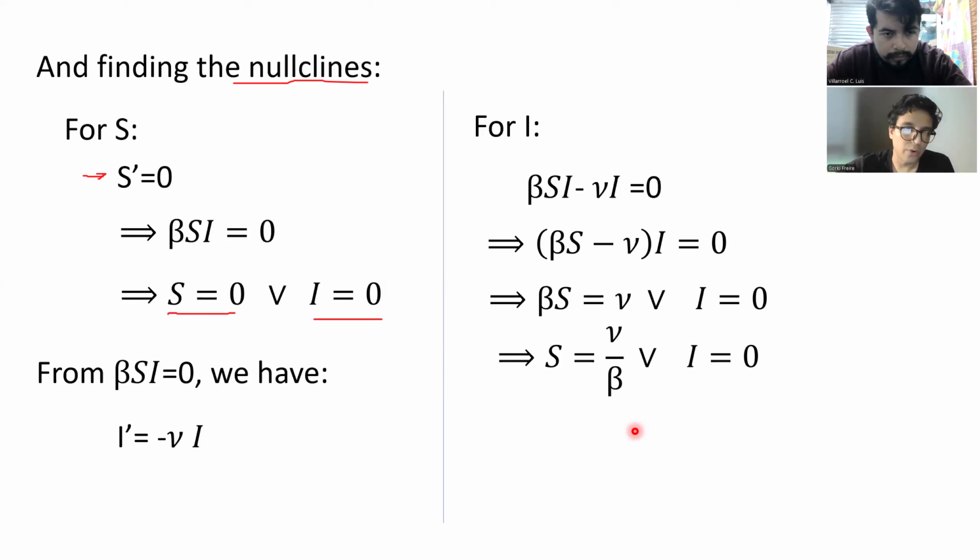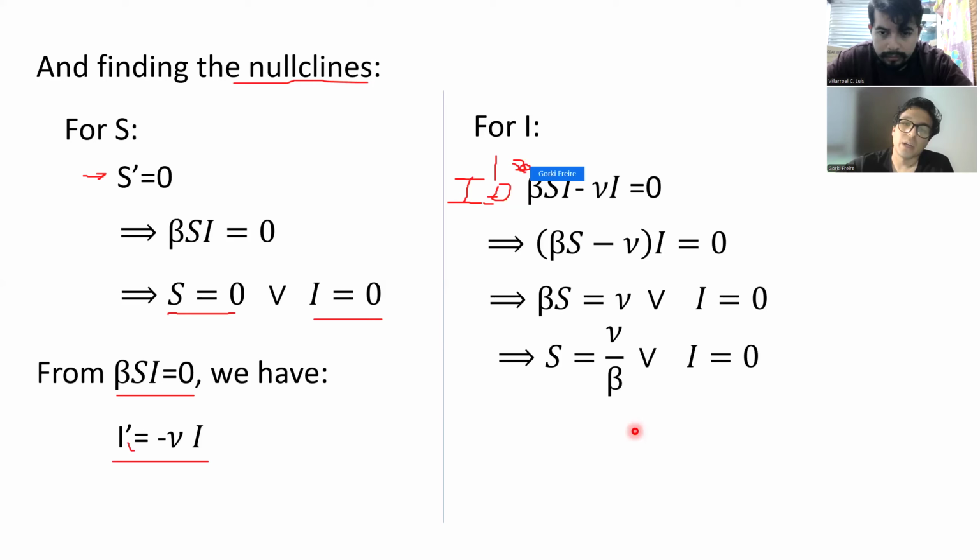Then for I, remember that we have to set the derivative of I to 0, so there we get this equation.